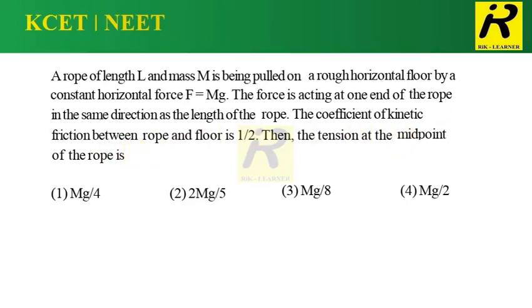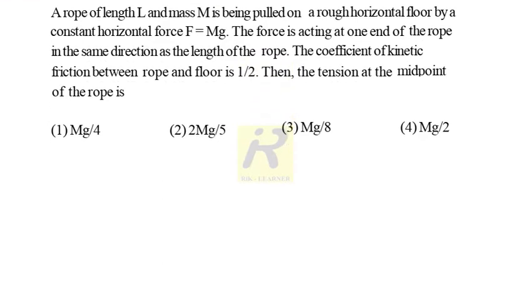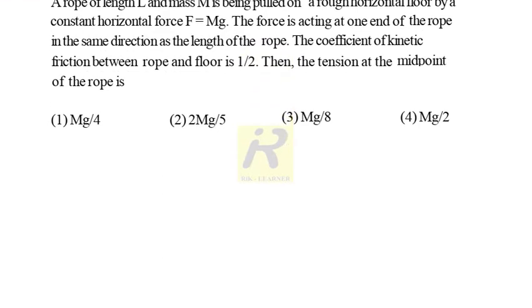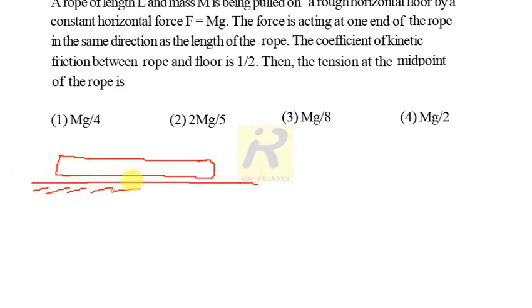If the question is made clear, then you have to understand such a situation like this. I simply assume this is the rope, which is placed over a horizontal surface, and which is applied with a horizontal force F equal to mg.